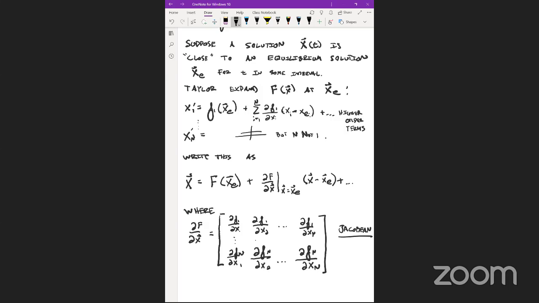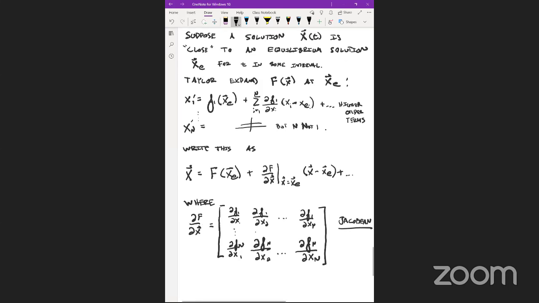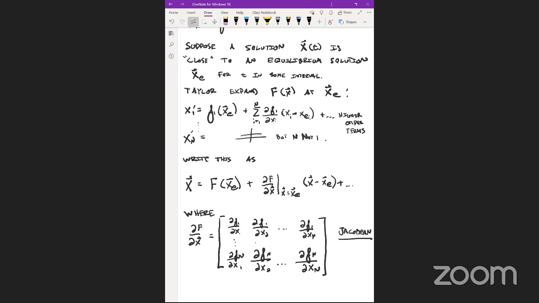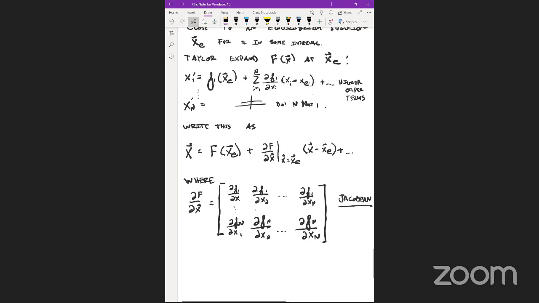Okay, so quickly, are there any questions about this setup so far? Okay, so now what does this allow us to do? Well, of course, we sort of know what we want to do, right?